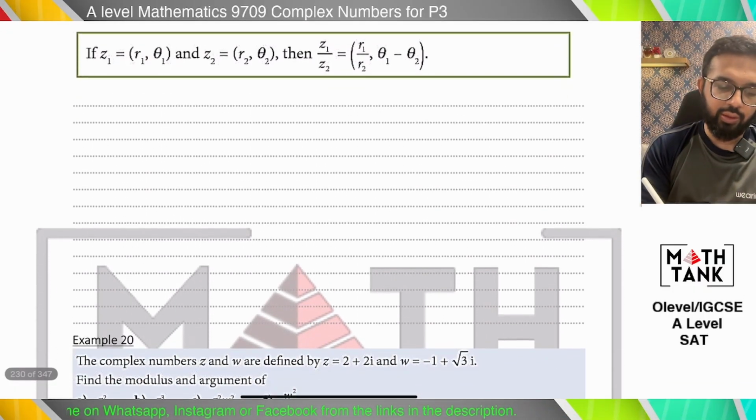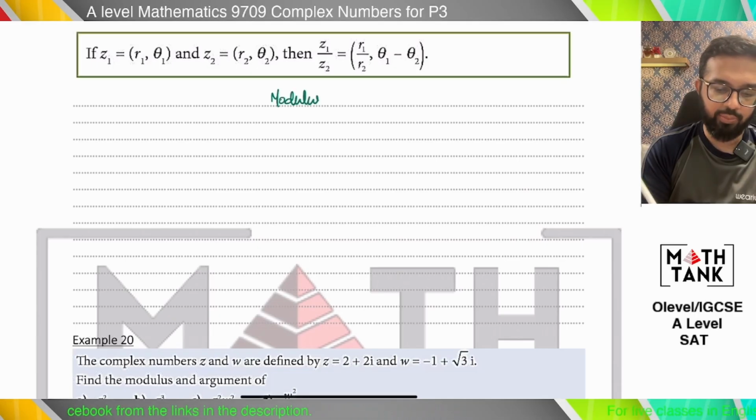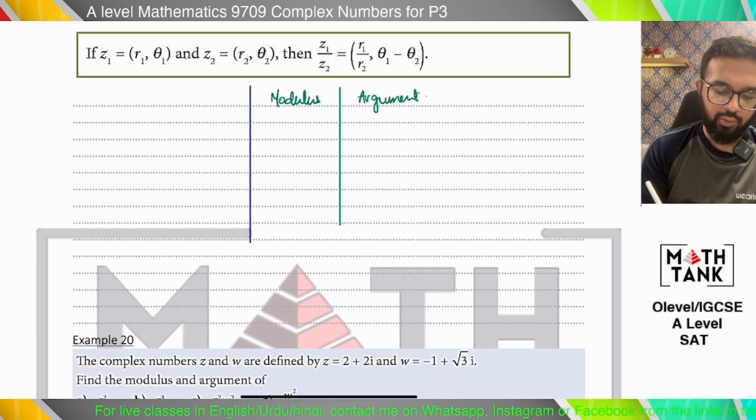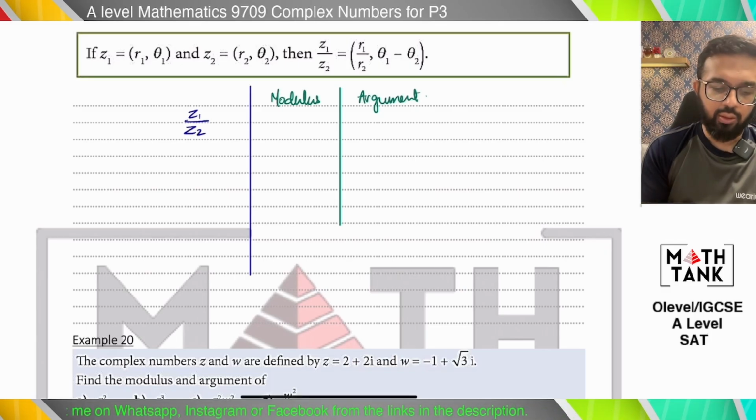So these rules are about, again, modulus and argument, but about two complex numbers when they're either divided or multiplied and so on. So when you have two complex numbers that are dividing, so you have z1 divided by z2, you can simply find the modulus without calculating the new complex number.